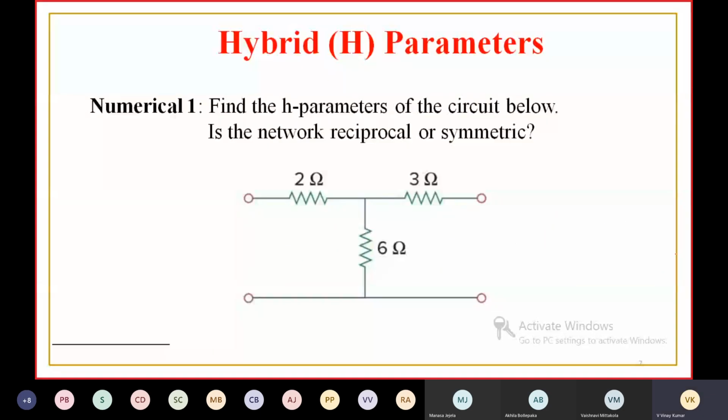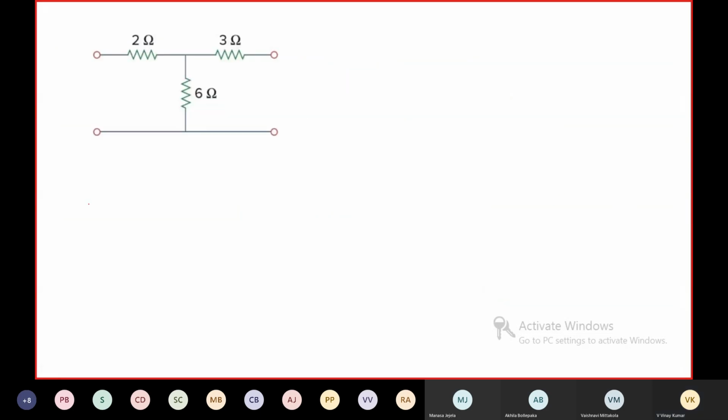Let's find hybrid parameters for this circuit. Here, H11 is equal to V1 by I1 when V2 is equal to 0.